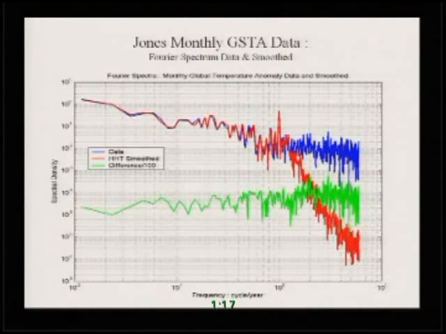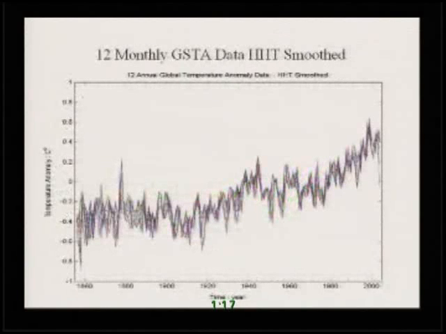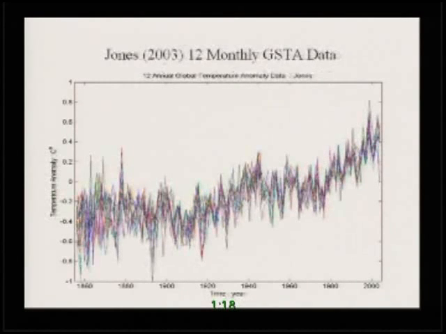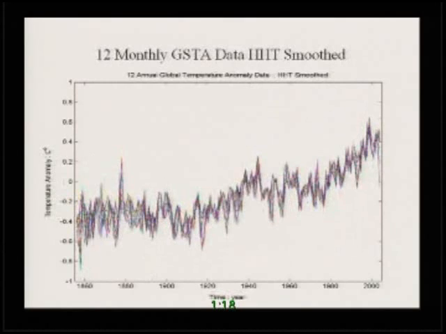Once you remove that, this is the cleaned up monthly mean. January, February, March, there are still 12 lines, and when you compare these 12 lines with the original 12 lines, you find the cleaned up one is much neater.